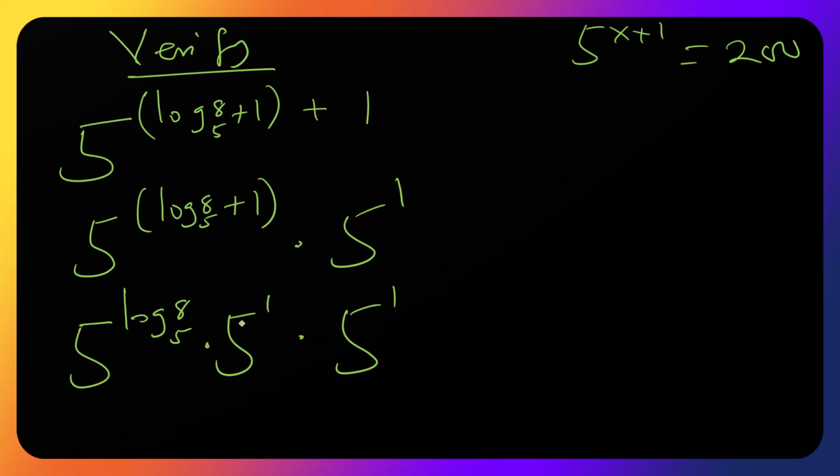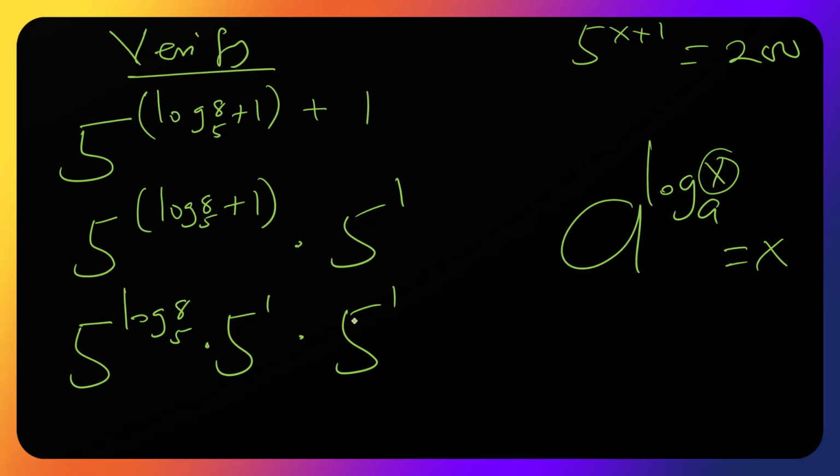So when you have a raised to log x to base a, this is a property: the answer is x. So 8 is the answer here.